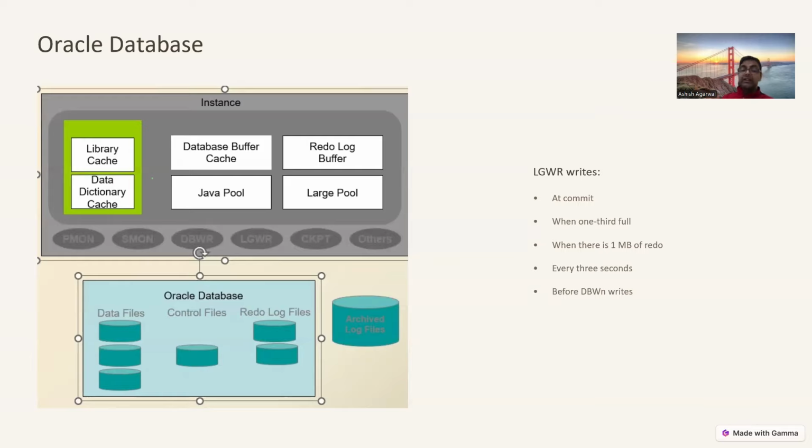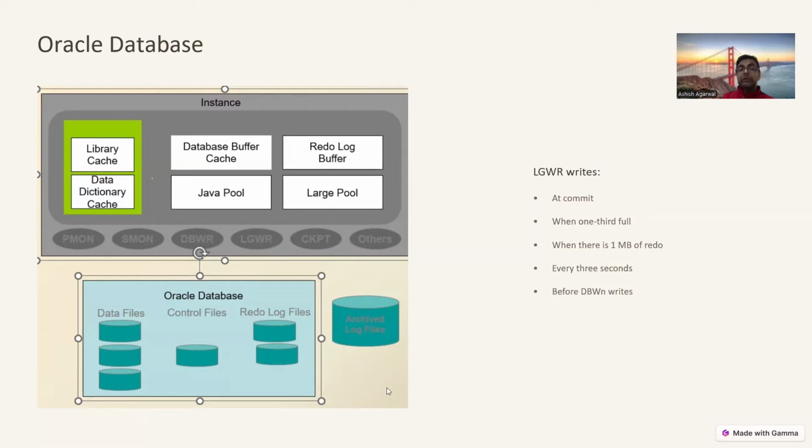Then you have Oracle database files, which include data files, control files, and redo log files. And then the backup of redo log files are called archive log files, which are taken on disk.